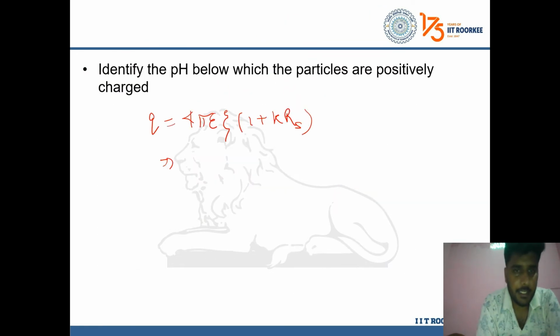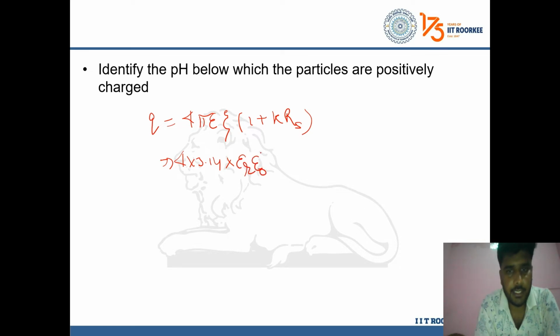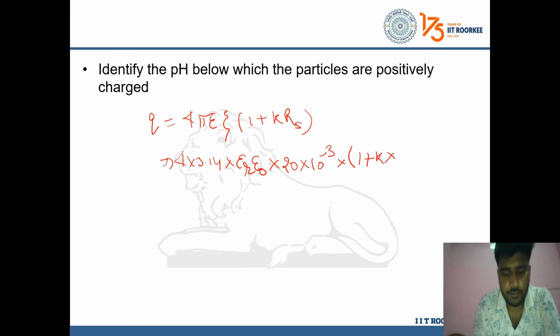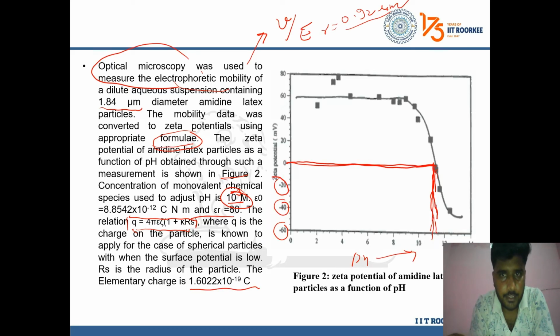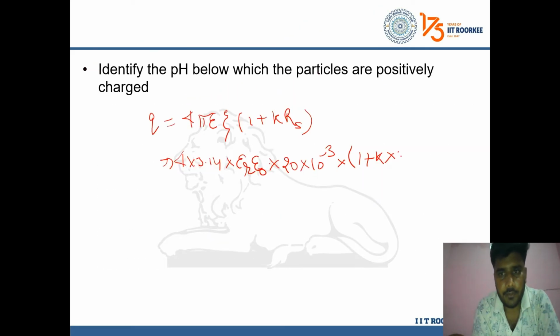Let me expand this: 4 into 3.14, and epsilon will be epsilon r times epsilon naught, and the zeta potential value 20 millivolt, which you have to convert into volt, and 1 plus k Rs. The Rs value is given here, 0.92 microns, which you have to convert into meters, that is 10 to the minus 6.